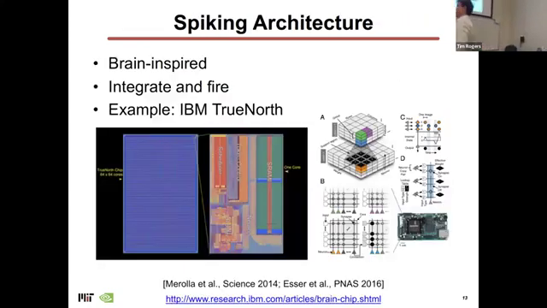A spiking brain-inspired neural net incorporates the fact that these neurons integrate and fire. There's a parallel between this and an analog circuit. You can create specialized circuitry that will perform analog integrate and fire of the signals in a similar way to the way that we think that the brain operates.